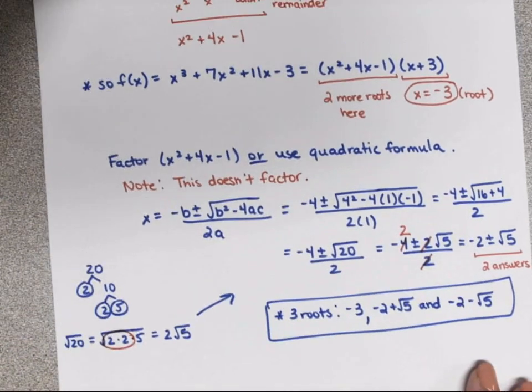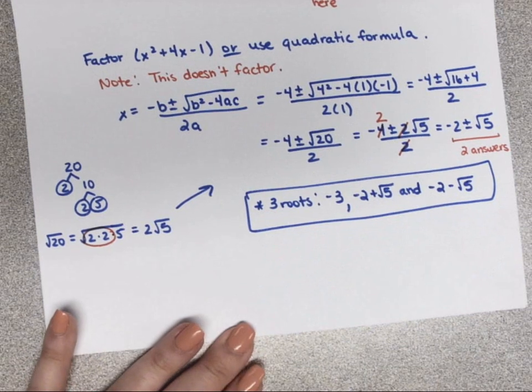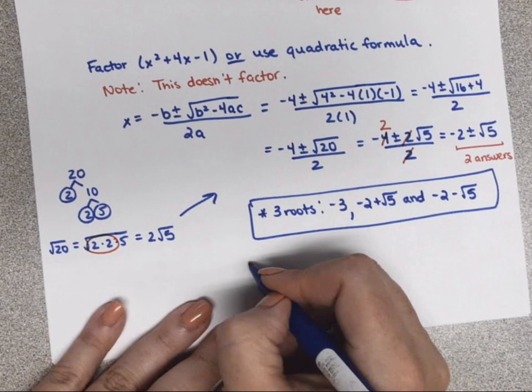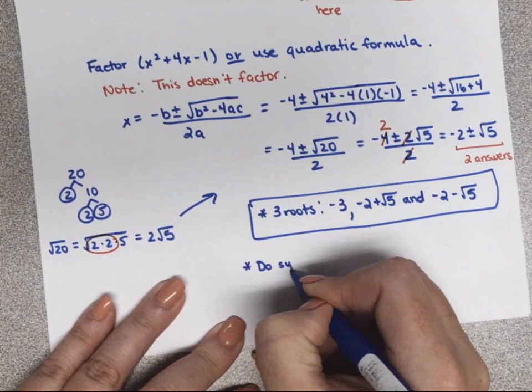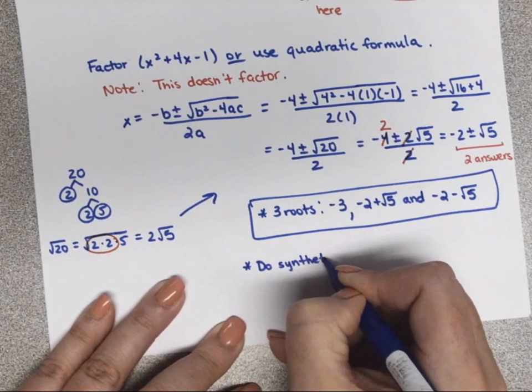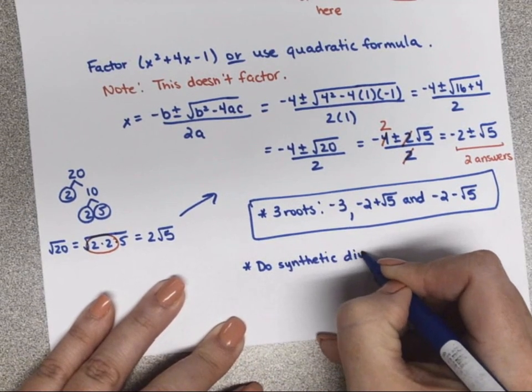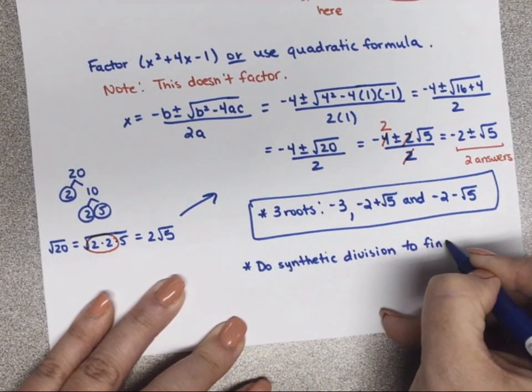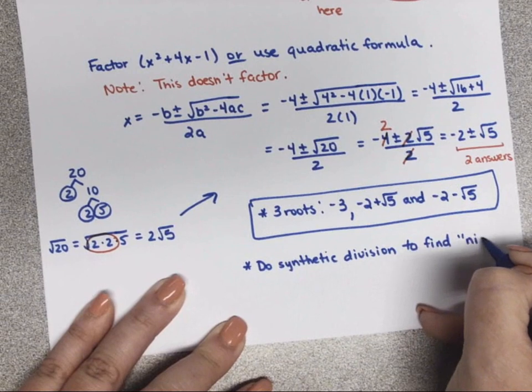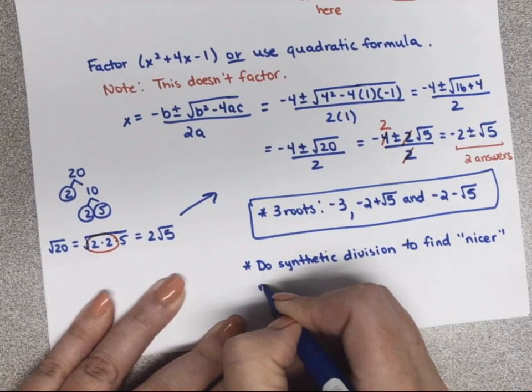Okay, so our process that we're going to start fresh with on Wednesday is pretty much this. We're going to do synthetic division, if possible, to find the nicer roots, or maybe you'll be given the nicer roots ahead of time.